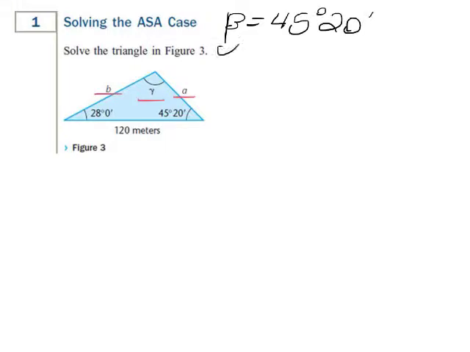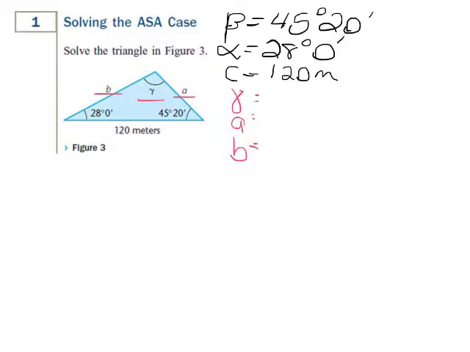I know that alpha is equal to 28 degrees and 0 minutes. And I know that C is equal to 120 meters. What I'm missing is gamma, I'm missing A, and I'm missing B. Those are what I need.